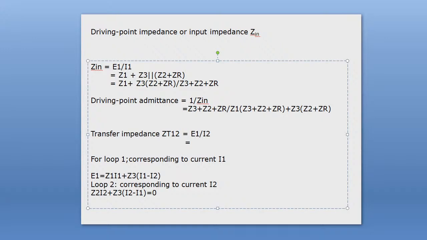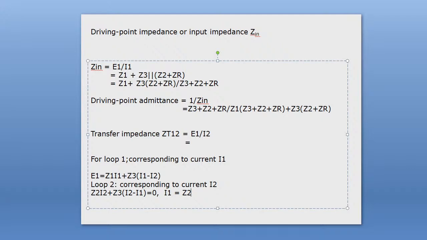After getting the expression of I1 in terms of I2, we will put it in the expression for loop 1. So let me write it. From this expression we can write that I1 equal to how much?